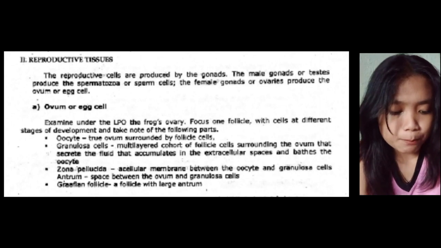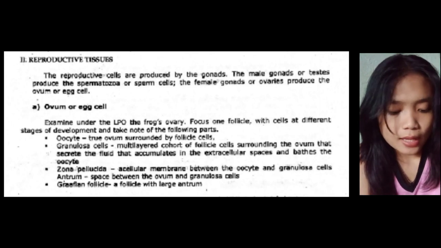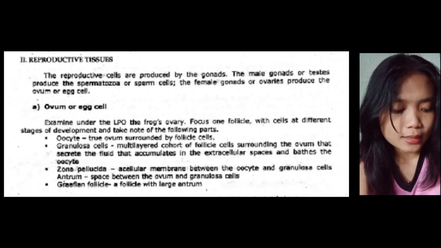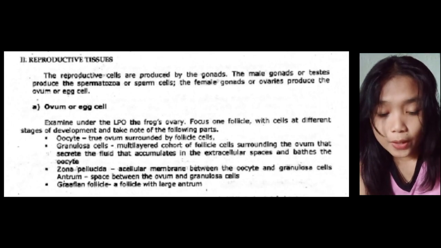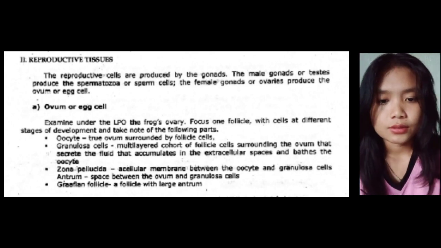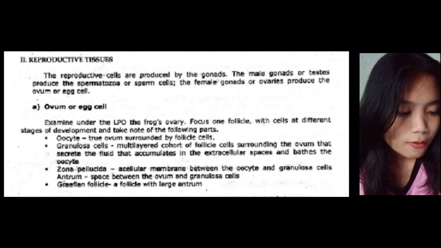Examine under the LPO the prepared slide of the ovary. Focus on follicles with cells at different stages of development, and take note of the following parts. First, oocyte. True ovum surrounded by follicle cells.